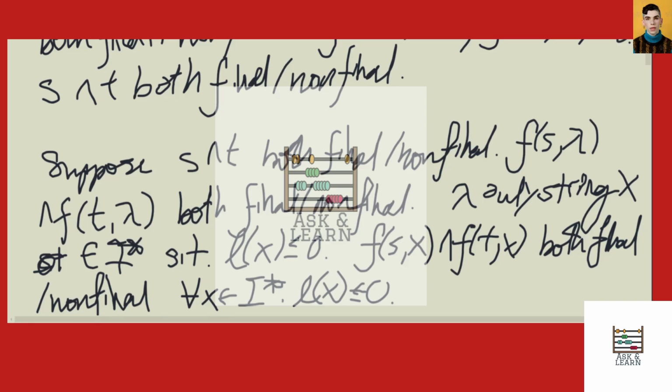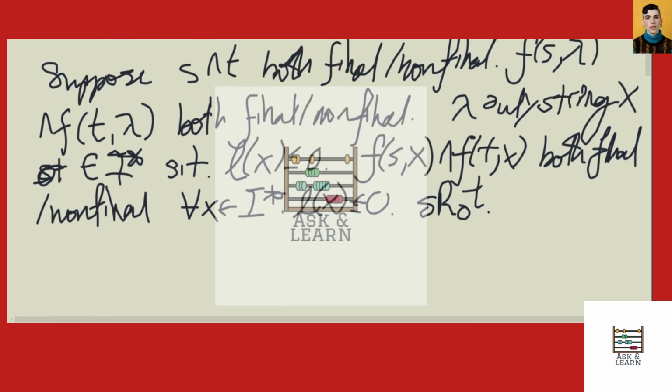Therefore, it follows that s is 0 related to t. And this is what we wanted to prove. So we've shown s is 0 related to t if and only if t and s are both final states or neither are final states.